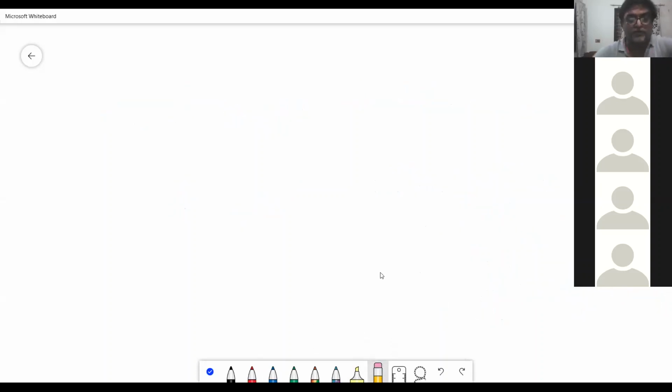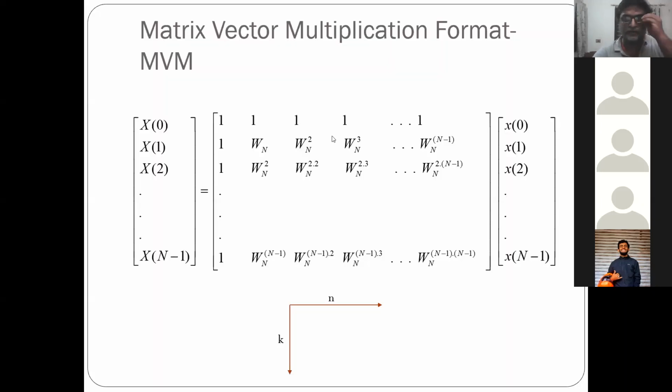Okay, so we will go back to the presentation here again. We are back to the previous slide. Now you have matrix vector multiplication equations for the analysis as well as for the synthesis equation.